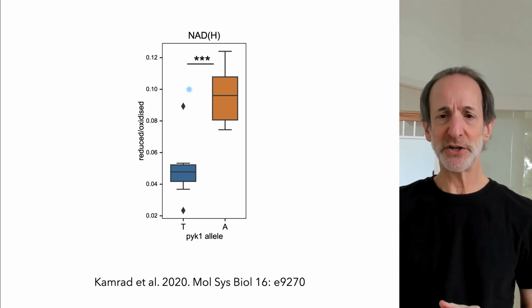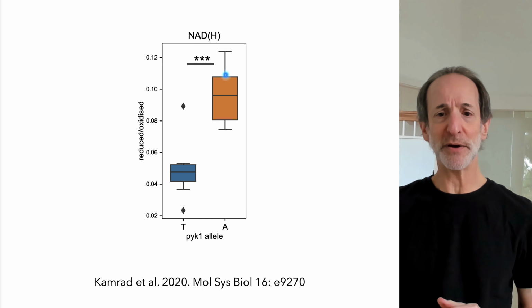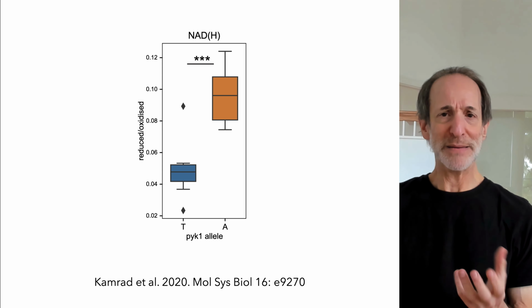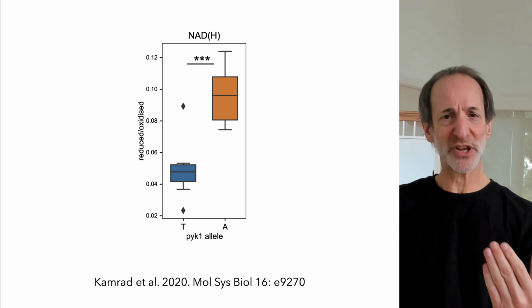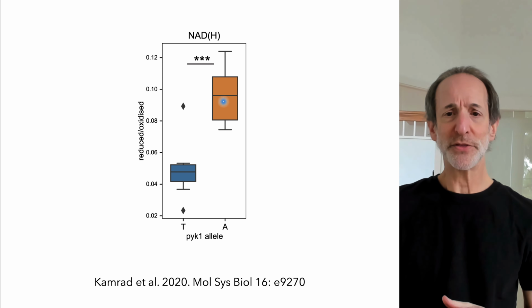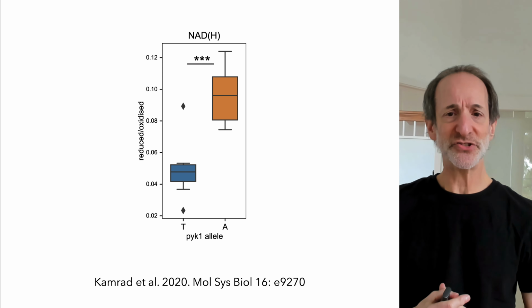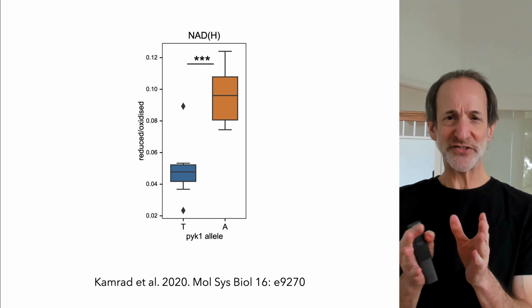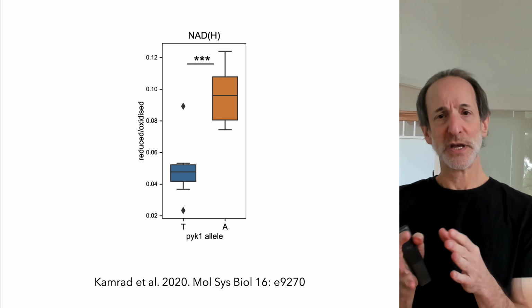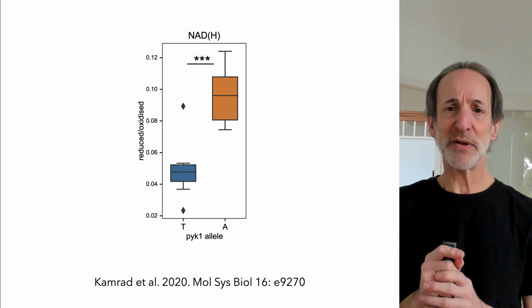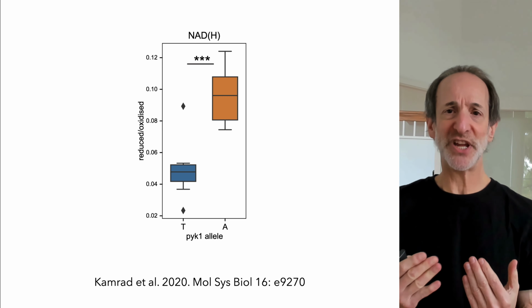The high activity allele had a much greater disequilibrium than did the low activity allele. And this is something that's been seen in prior studies, that fast-growing cells that are overflowing their metabolism tend to have a strong NADH, NAD+ disequilibrium. And so this suggests the potential to connect the observations on polymorphism to the thermodynamic state of cells.